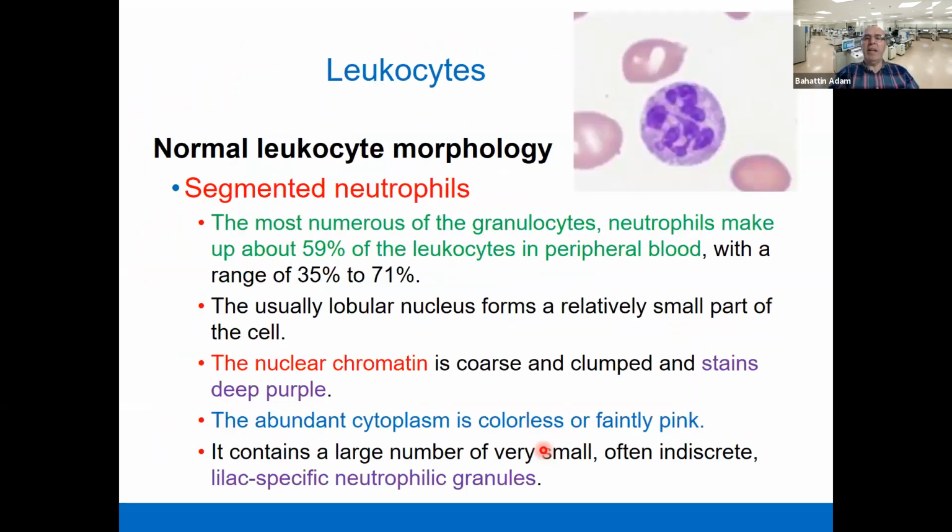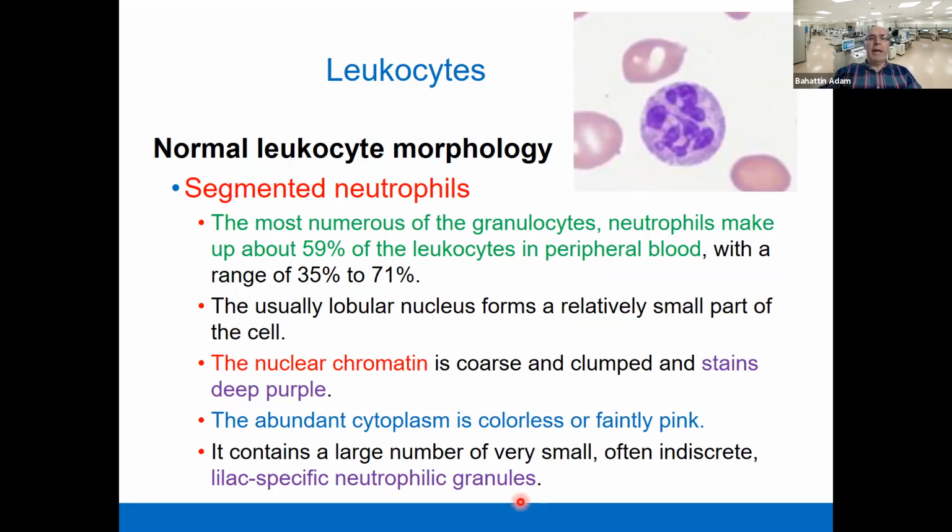Now, let's continue and talk about neutrophils. Neutrophils, as you know, are the most common type of leukocytes, white blood cells. About 60% of the white blood cells are neutrophils.